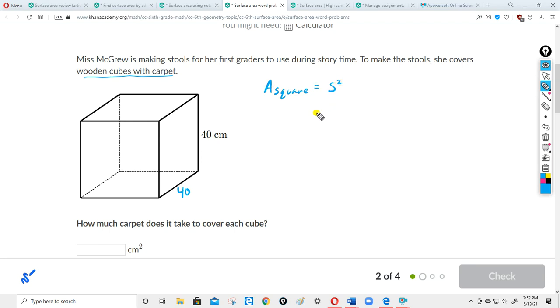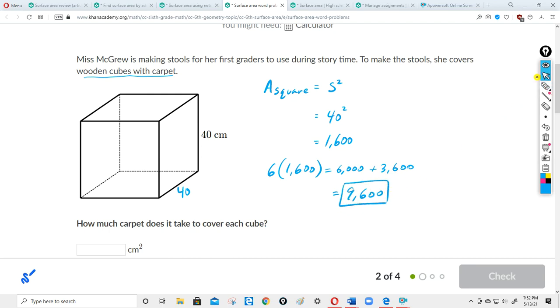Area of a square is just s squared, so that's going to be 40 squared, which is 1600. But there are 6 faces to a cube. So 6 times 1600: 6 times 1,000 is 6,000, and 6 times 600 is 3,600. I'm trying to do it in my head. That's going to be 9,600 total, and that goes right in the box.